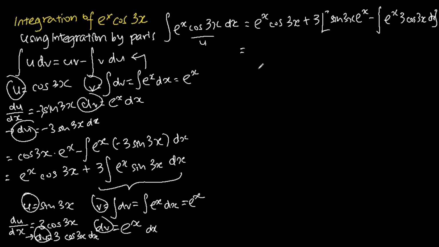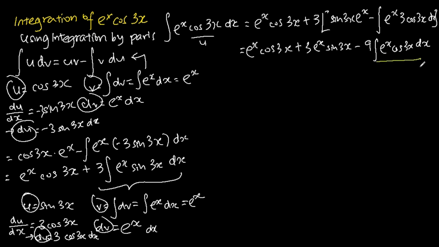We open up the square brackets by expanding, so we get e to the power x cosine 3x plus 3 e to the power x sine 3x, subtracting away 9 times the integral of e to the power x cosine 3x dx.